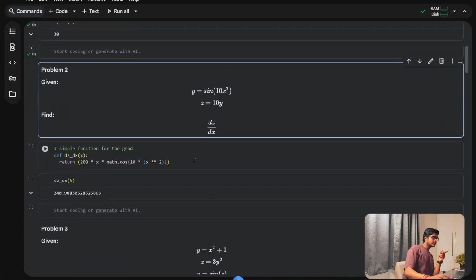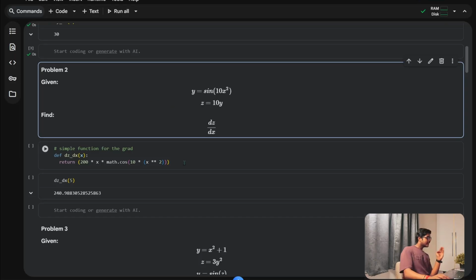Alright, now the next problem was y equals sine of 10x squared and z equals 10y. So we had to find the derivative of z with respect to x, which tells us how much our z will change when we change our x, or our input.